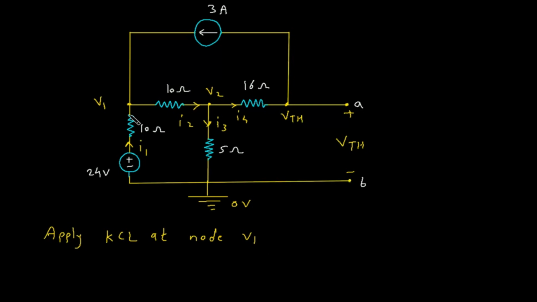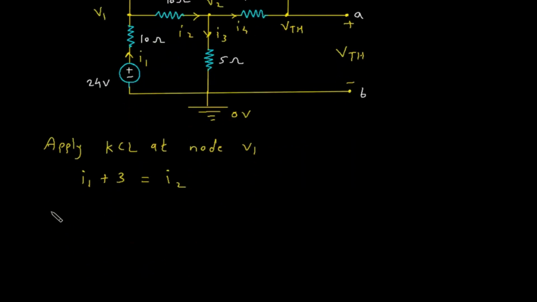So summation of all the entering current at this node is I1 plus 3, which is equal to I2. I1 is 24 minus V1 by 10. So 24 minus V1 by 10 plus 3 is equal to I2.